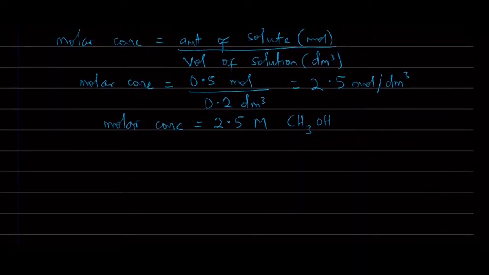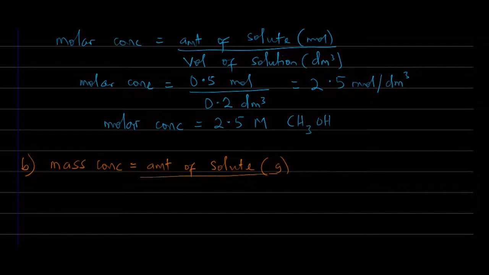We can solve this question by using the mass concentration approach. Here we solve directly, so that means we need to get the mass concentration. The mass concentration formula is amount of solute, which is in gram, over volume of solution in dm cube.